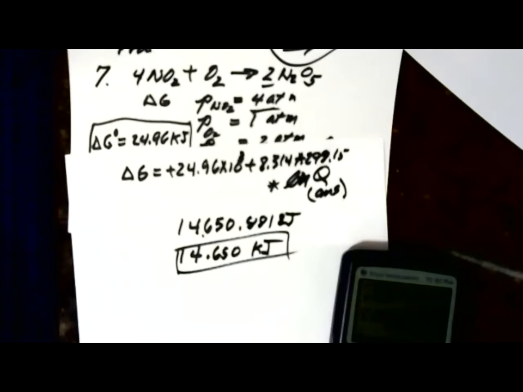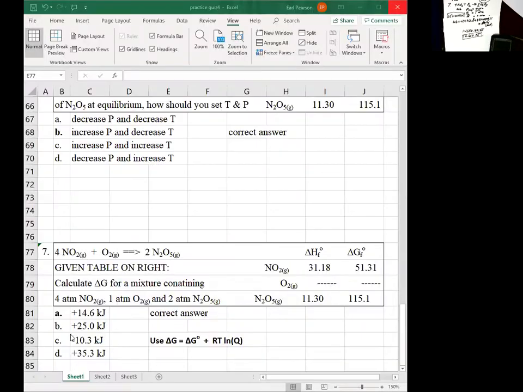So let's look back at it and see that we did get the correct answer. So we got plus 14.6 kilojoules. I guess technically I probably should have rounded that to 14.7 since my drop factor had some digits out there at the end.